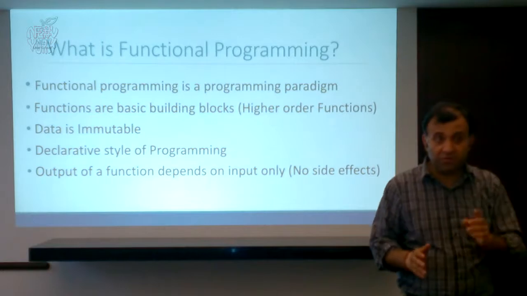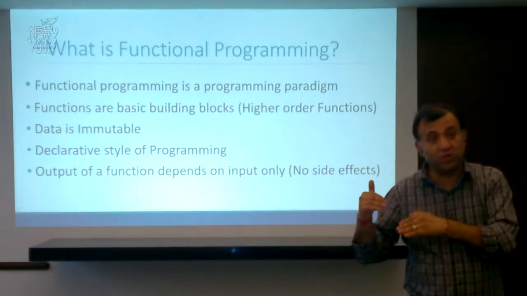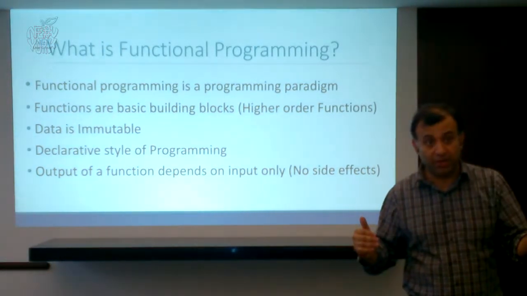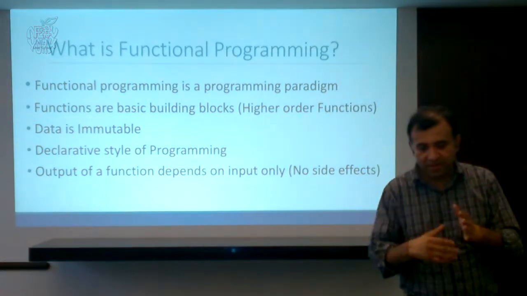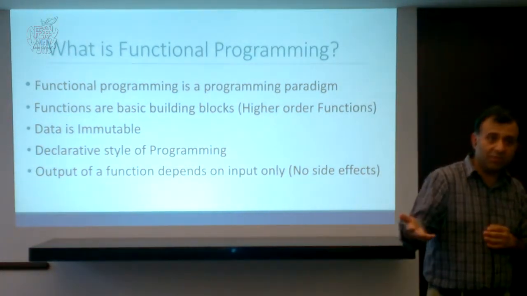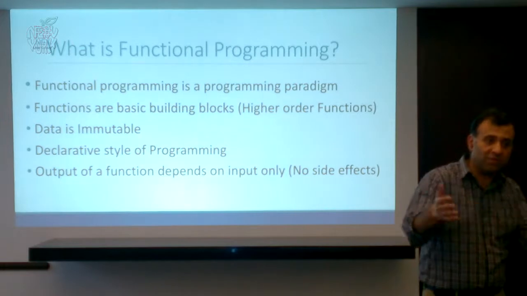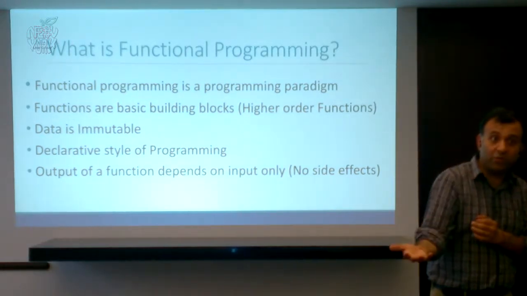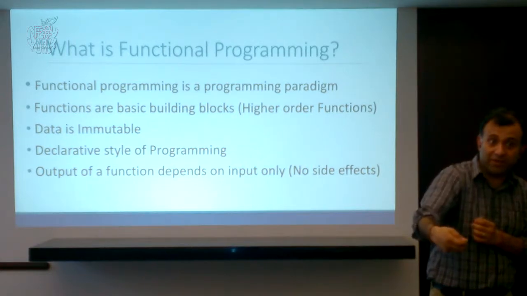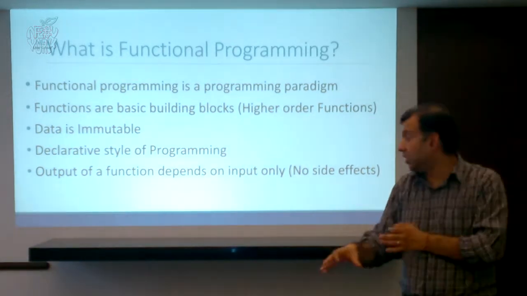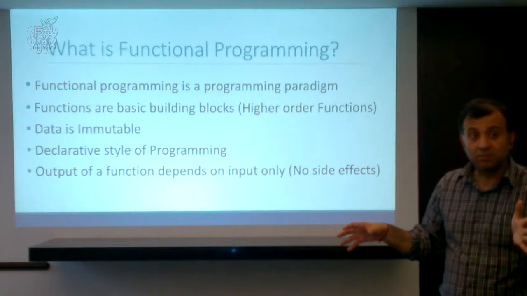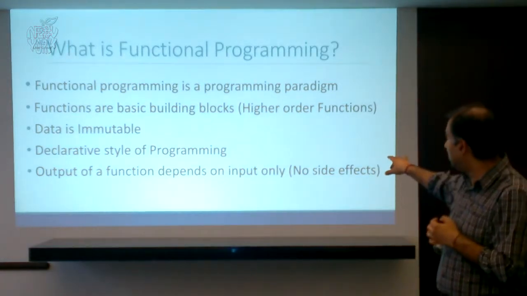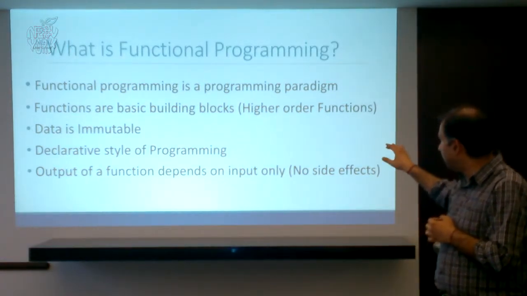Now in C++, because you have state that is not visible to you, let's say I have a class that has an internal variable that increments each time you call, then each time you call a function of that class, you would have a different value because the internal state is being manipulated. In functional programming, you don't have that concept of state. That is why it has what is called no side effects.